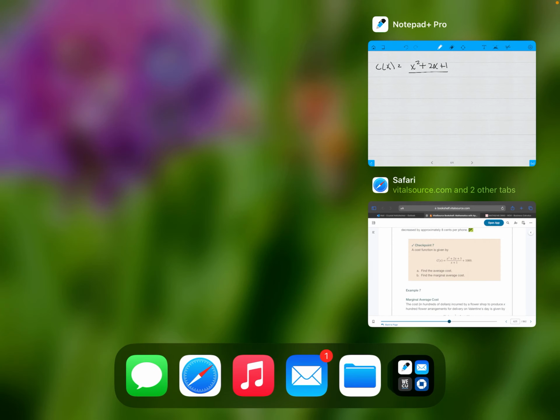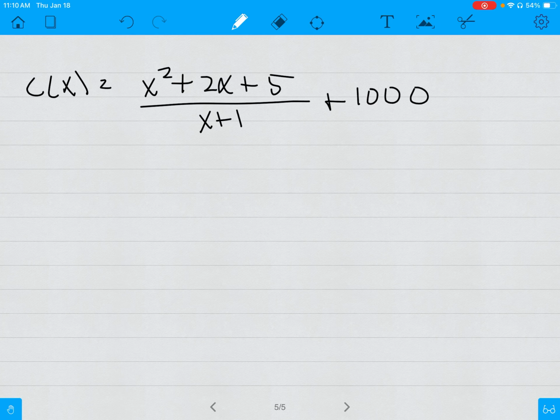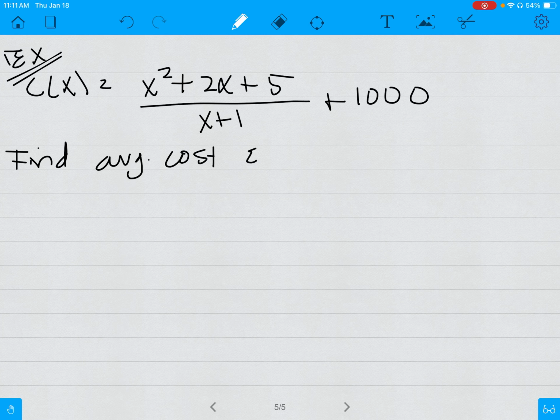Oh, no, sorry, plus 5 over X plus 1, plus 1,000. And here's our example. And we want to find average cost and marginal average cost.